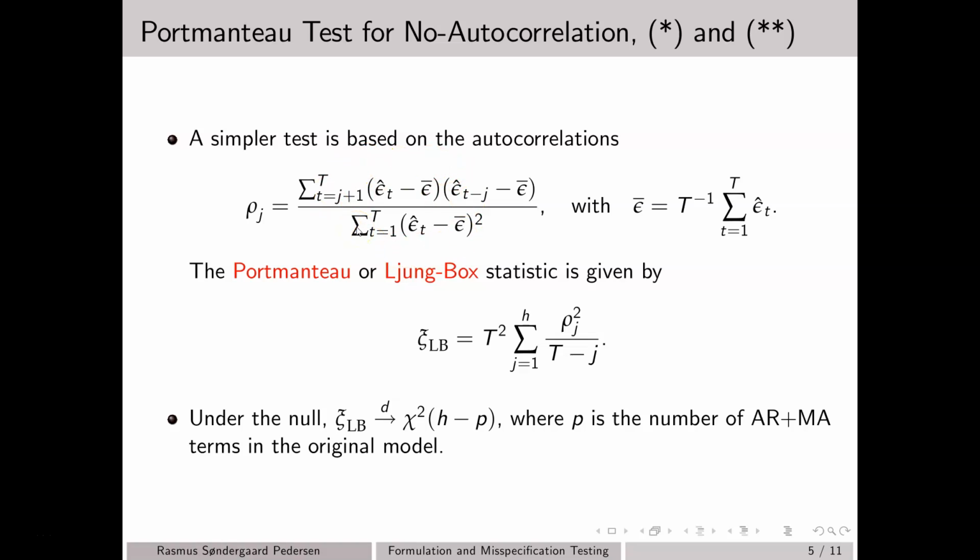We can then compute a test statistic based on these empirical autocorrelations, and this statistic will, under the null hypothesis, be chi-squared distributed with h minus p degrees of freedom. Here h is the order of the autocorrelation, and p is the number of autoregressive and moving average terms in the original model. Clearly this test only holds if h is greater than p.